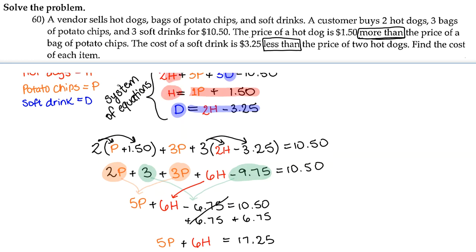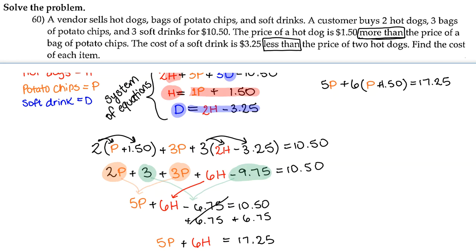From our original system of equations, we can plug in for h here, and that'll give us an equation with just the variable p. So let's write this out. We're going to get 5p plus 6 times h, which we're substituting for p plus 1.5, is equal to 17.25.